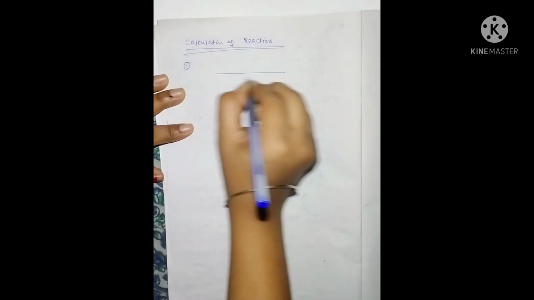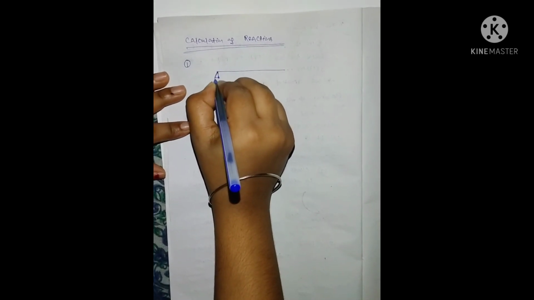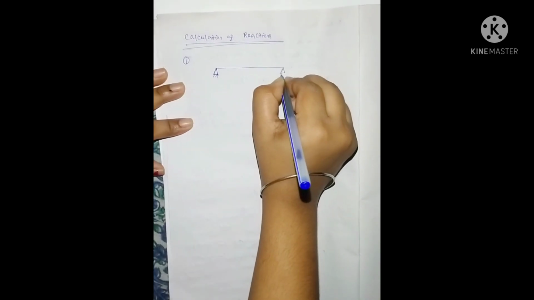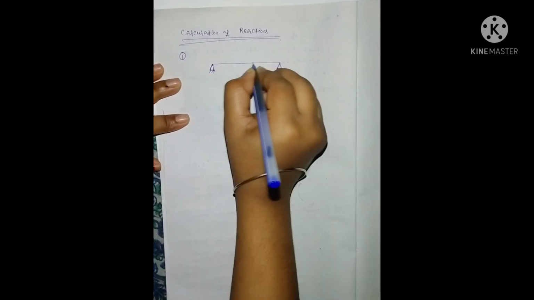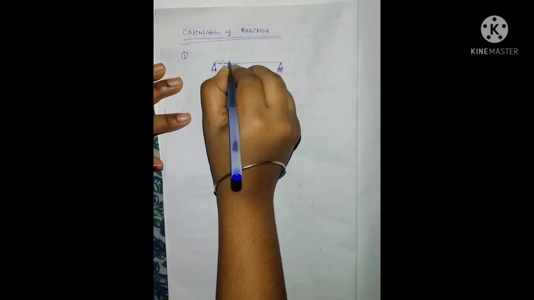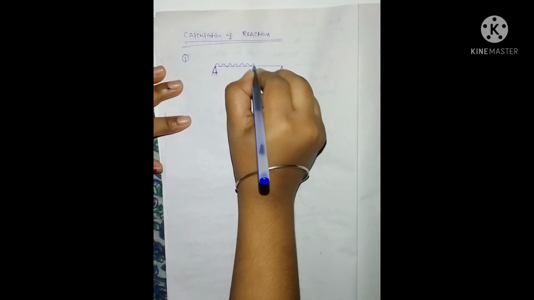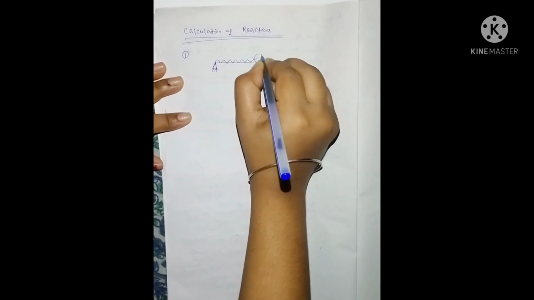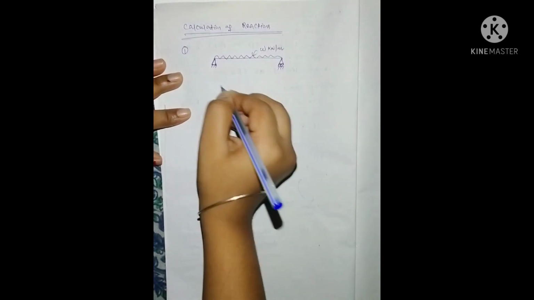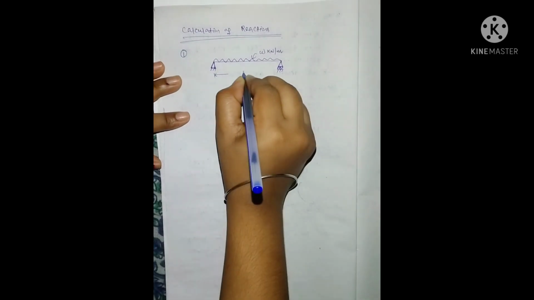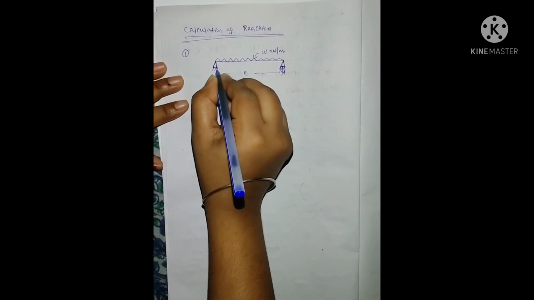Okay, let's take a simply supported beam and it carries a uniformly distributed load throughout its length. This is W kilonewton per meter and the length is L.